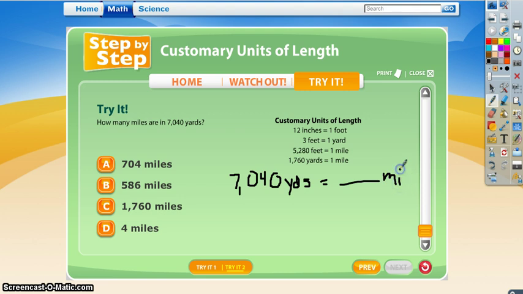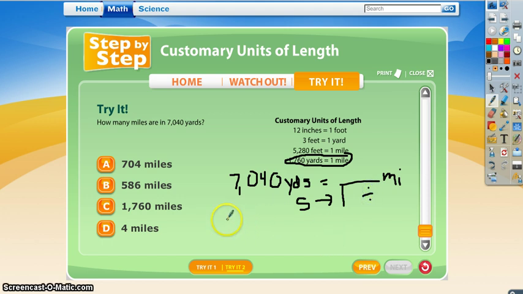I'll put MI for miles. Okay, so this is the conversion I need. Yards to miles. Okay, so I know my yards, I'm changing to miles. So I'm going from smaller to larger. So when I go from smaller to larger, I have to divide.